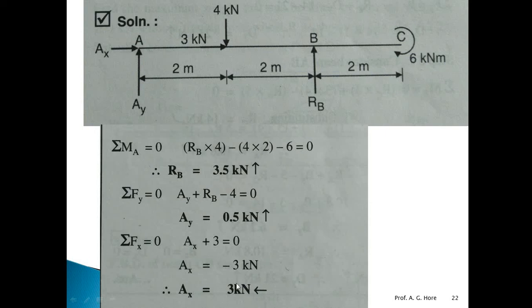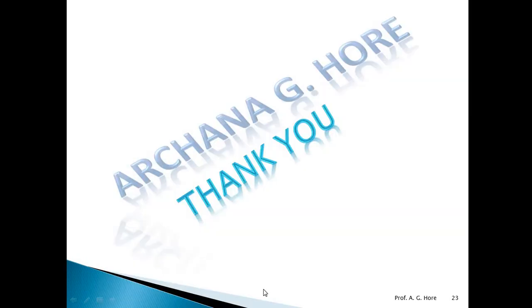Minus means the magnitude is negative, means what? Exactly opposite to the assumed direction. So it is not on the right side, it should be on the left side. So Ax is equal to 3 kilonewton towards the left side. So these are the answers. Thank you.